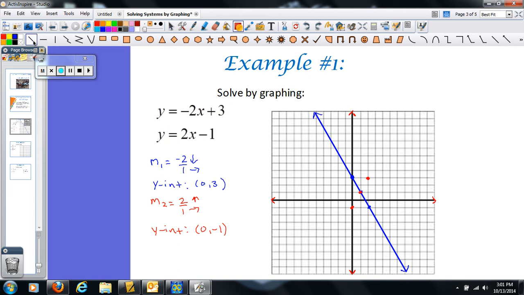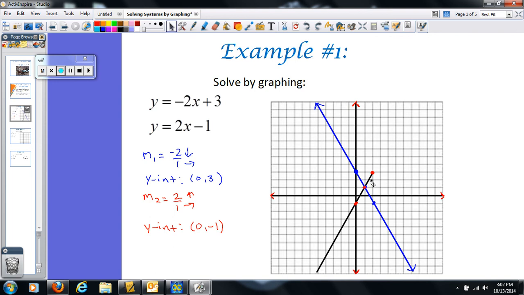And now I'm going to graph this one. Remember, on the worksheet for tomorrow, you're going to need to use a straight edge. Okay, and I'm going to go ahead and put my arrowheads on.